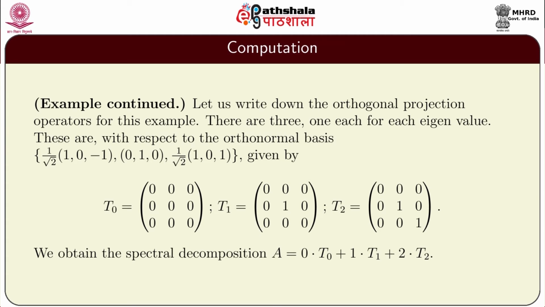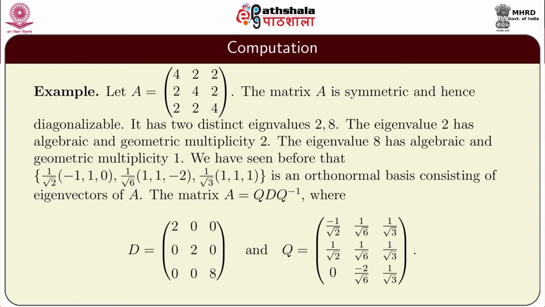Therefore, the spectral decomposition in this case is A = 0 times T0 plus 1 times T1 plus 2 times T2. Another example: A is this real symmetric matrix, and we know that it is diagonalizable.